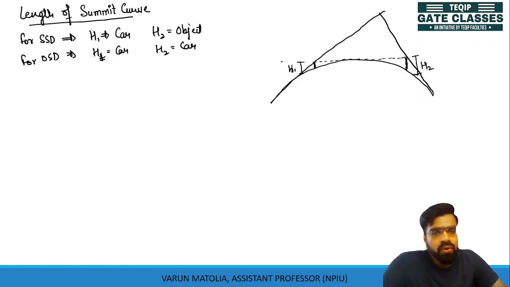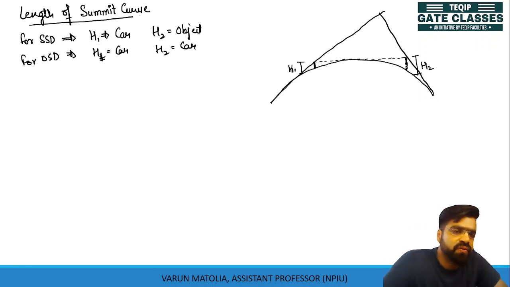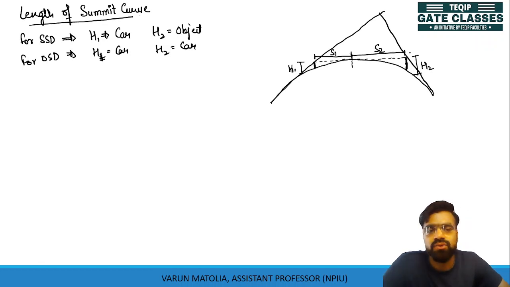So for SSD there can be an obstacle and a car. For OSD there can be a car and another car. Let us say from the center where they are just touching this crest, the distance of object 1 is s1 and the distance of object 2 is s2.